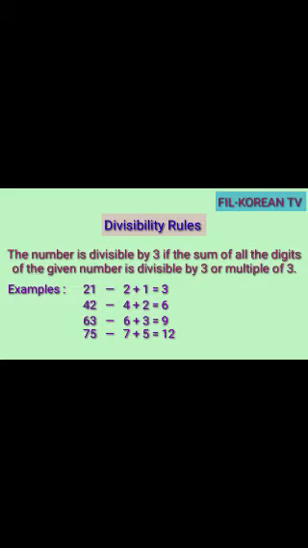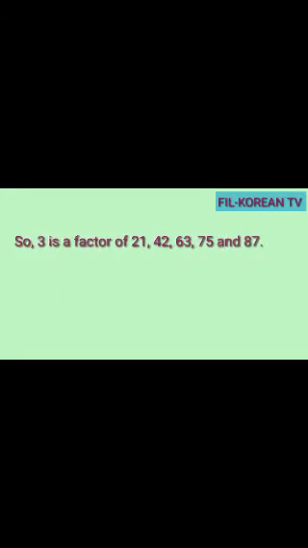Last example, 87. I-plus din natin ang digits ng 87. 8 plus 7 equals 15. Ang 15 ay pwedeng ma-divide sa 3, kaya ang 87 ay divisible by 3. So, 3 is a factor of 21, 42, 63, 75, and 87.